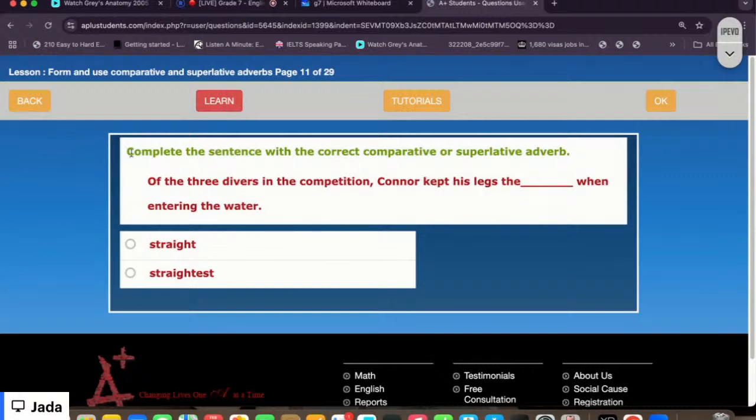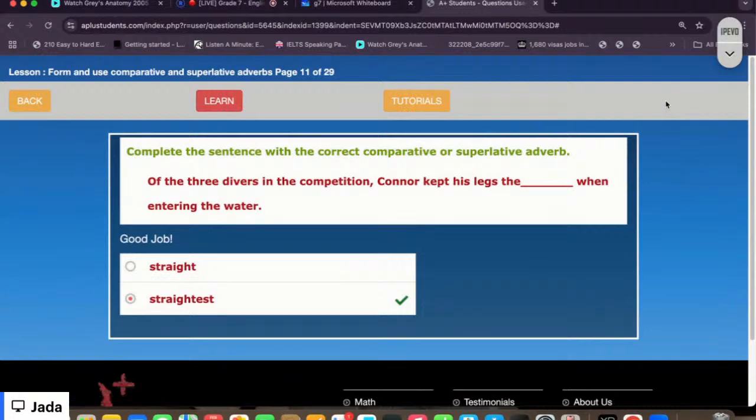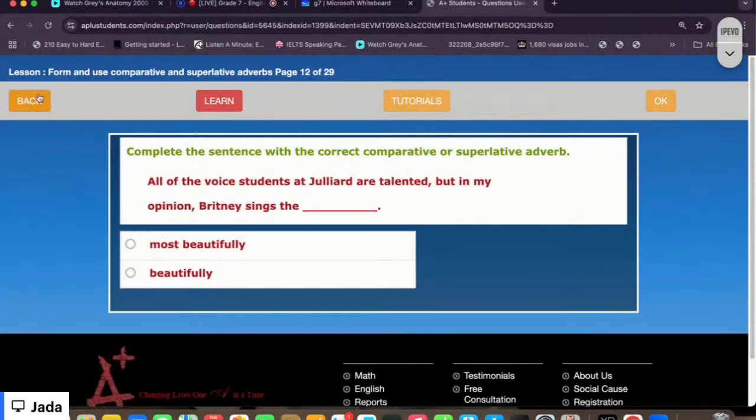Okay, so the straightest. Okay. All right, so that's it for this lesson. I need you all to complete this lesson if you haven't done that, so you can do that later on.